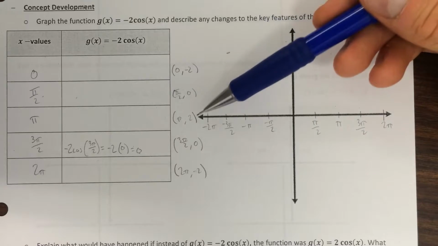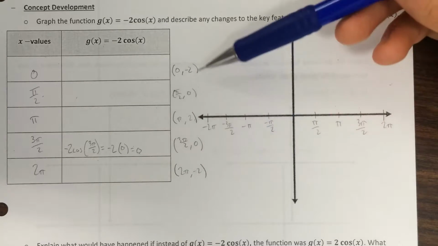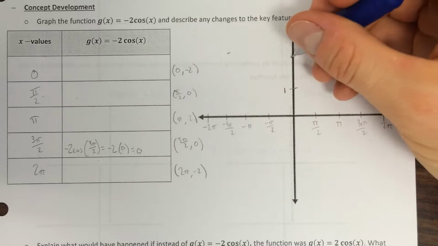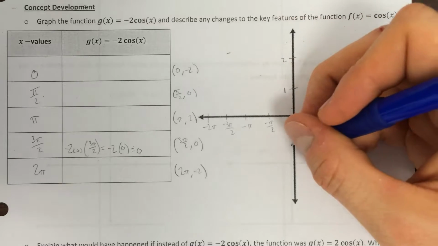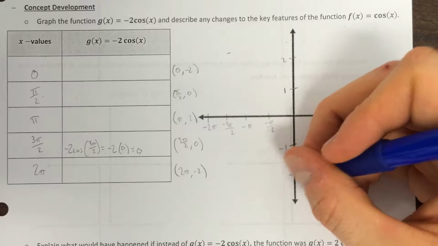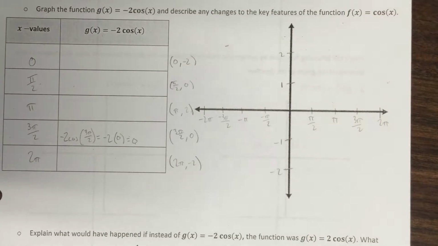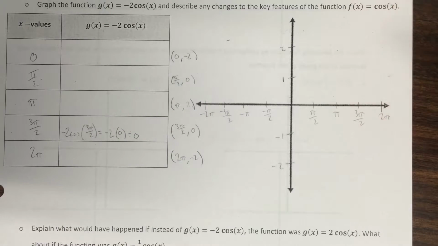Our largest output was 2, and our lowest output was -2. So let's call this 1, 2, -1, -2.